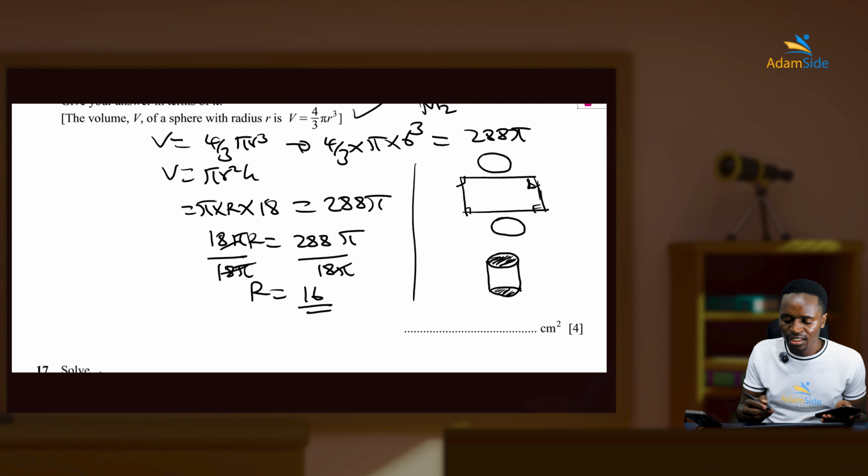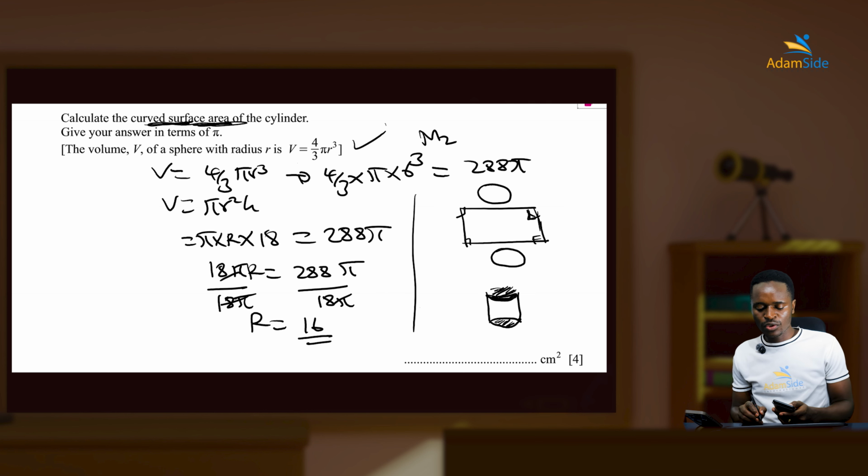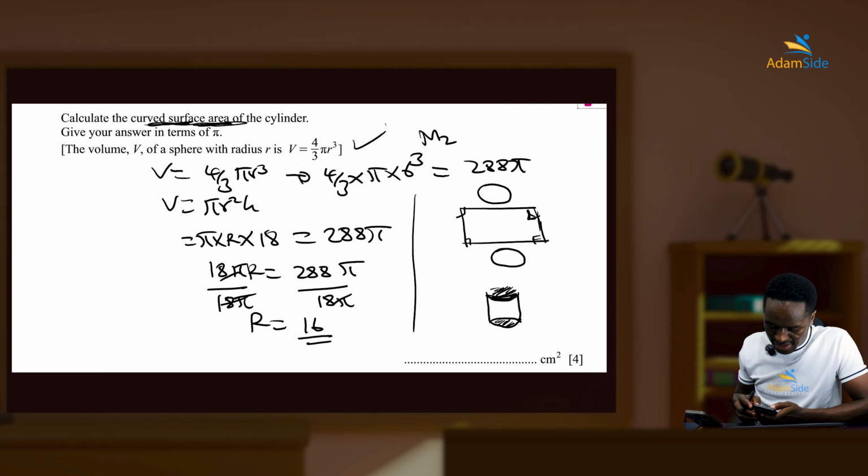Now, by doing so, what do we do in that case? We just find the area, and we know our radius is 16. So what will be our diameter?